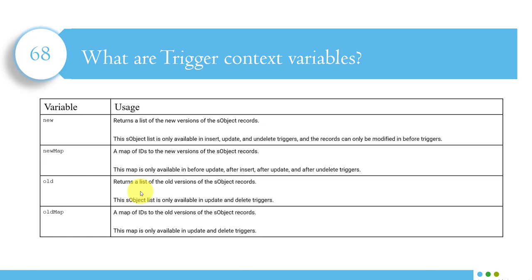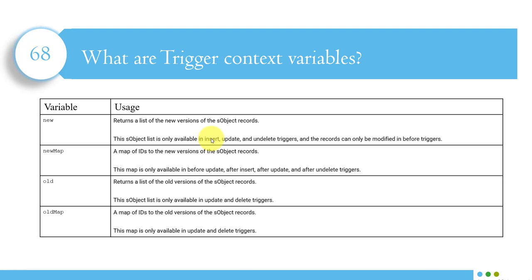So when we are trying to insert a record, at that time it will have a new version available. The old version is available when, for example, I'm doing an update. The old version is not available in insert, because at the time I'm entering the record, there is nothing existing. Let me take my example: I'm entering a contact called Ashfaq Muhammad, first name and last name.